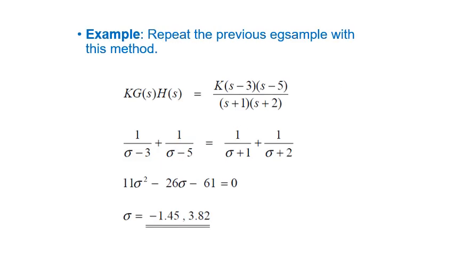Here it is. When we have Z equal to minus 3 and minus 5, we have the bracket S minus 3, S minus 5, and the poles S plus 1, S plus 2.